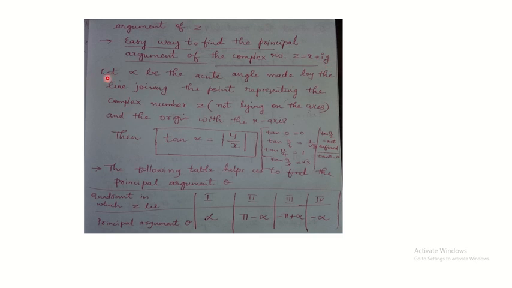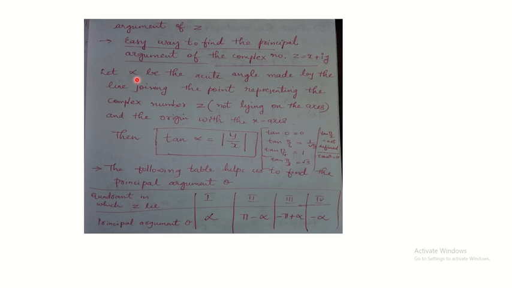For that, let alpha be the acute angle. What is an acute angle? The angle should be less than 90 degrees. That is known as an acute angle. And it should be made by the line joining the point representing the complex number z, not lying on the axis, and the origin with the x-axis. So this is the alpha.